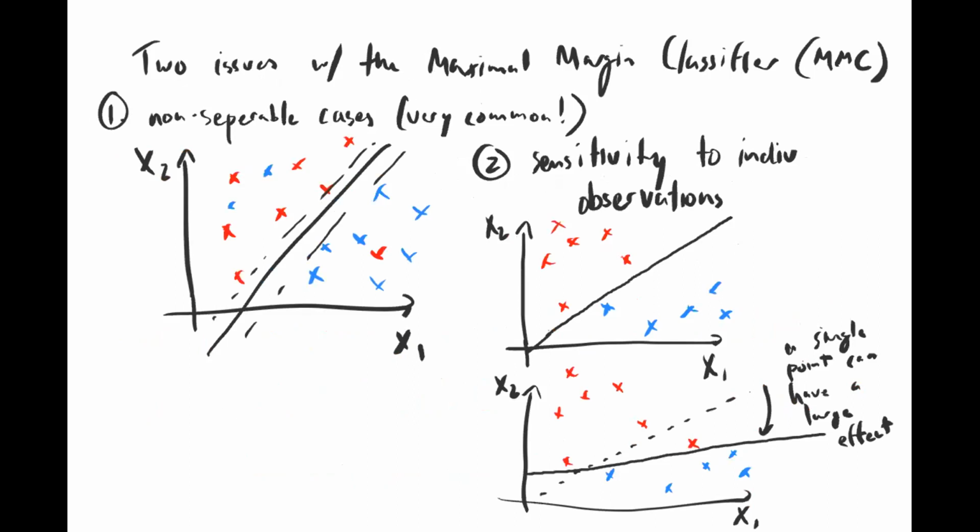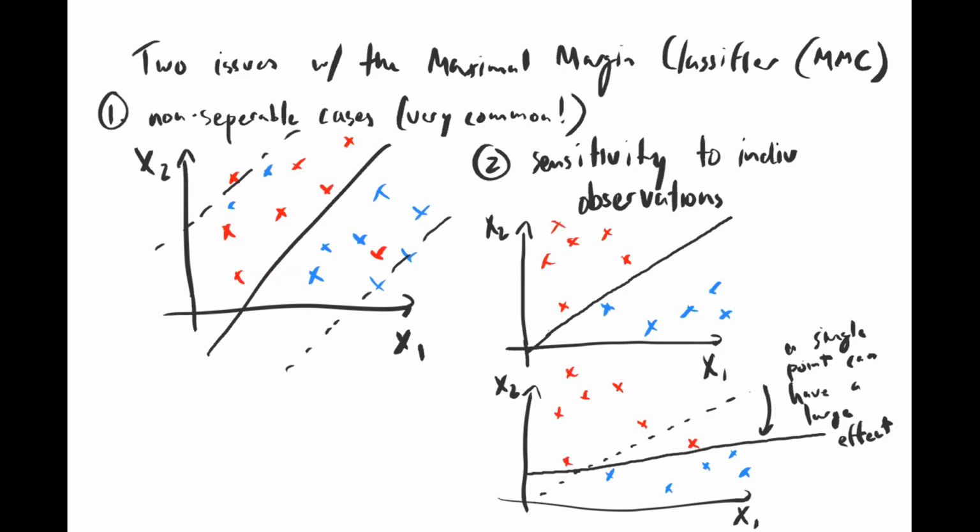And then actually in this case, you would need to have your margin be something like this. And now essentially your margin is allowed to contain points, and your margin is allowed to contain points from the other side.